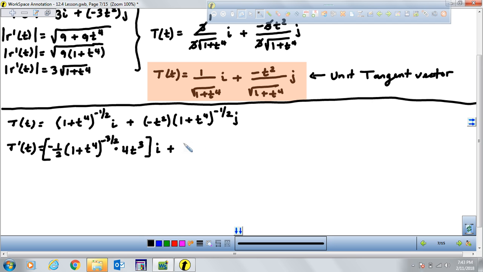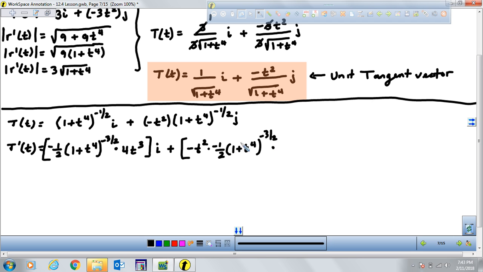Plus, now for the j component, apply the product rule. So it would be the first times the derivative of the second. So we get negative t squared times the derivative of this using the power rule. Bring the negative 1/2 over, and then 1 plus t to the 4th power and subtract 1. Negative 1/2 minus 1 is negative 3/2.